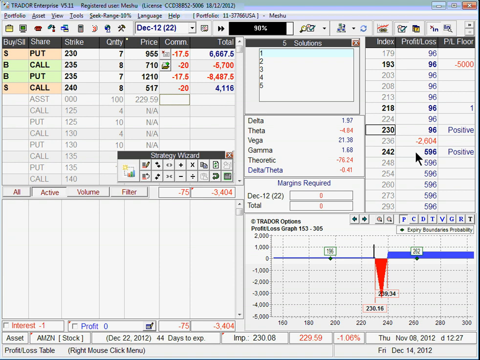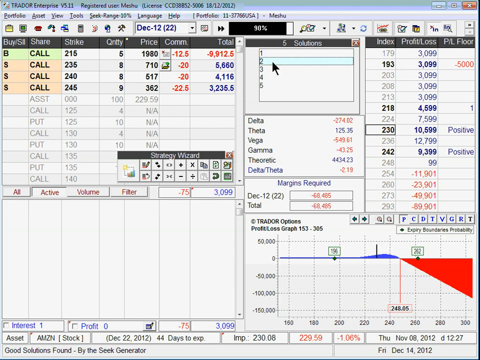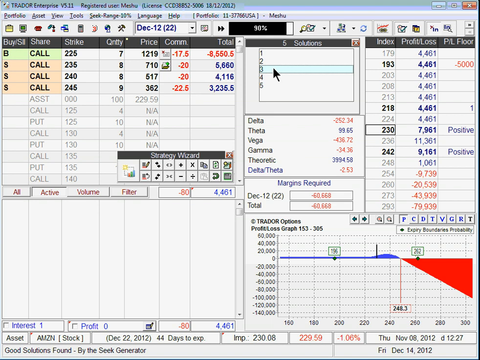Same thing at index 230 and index 218. And at index 193, the profit is above the minus $5,000 floor, as defined. Focusing on the second solution shows another position, and so does the third, and they all match all floor definitions.